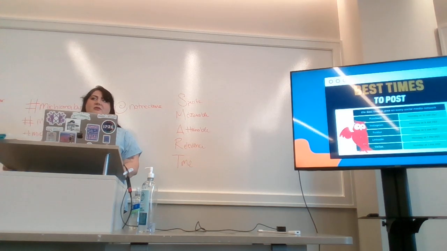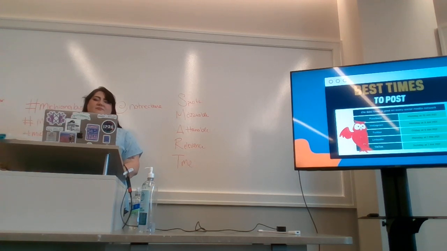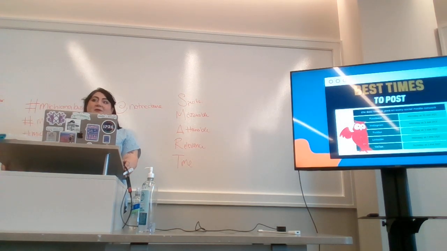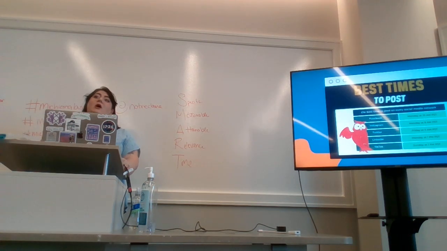Okay. But your back-end analytics will tell you when your followers, or the people whose engagement matters most, are most active, and the best posting times for you specifically. I would also take a look at Facebook Business Manager. If you have an audience over 100, it should tell you the best times to post.